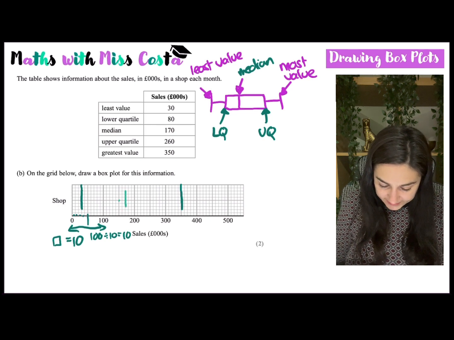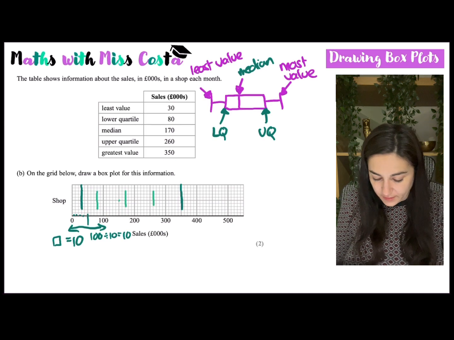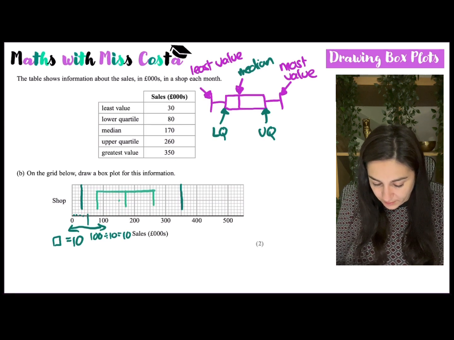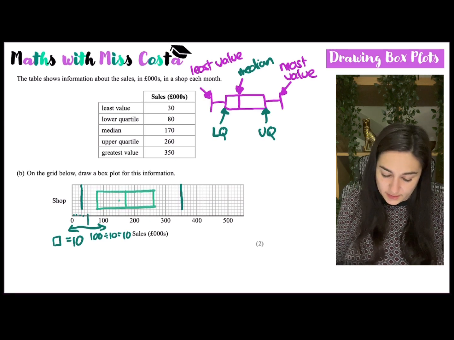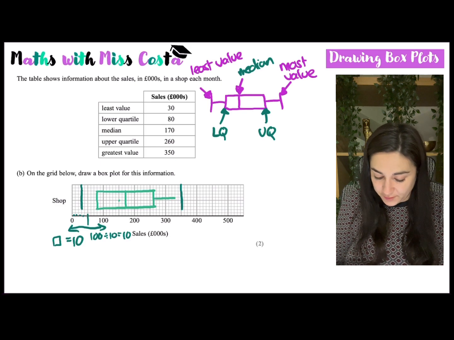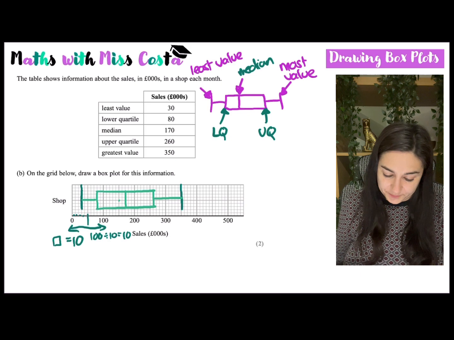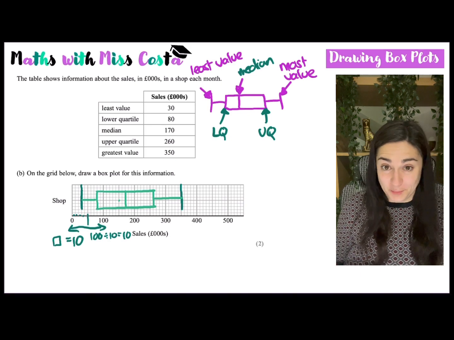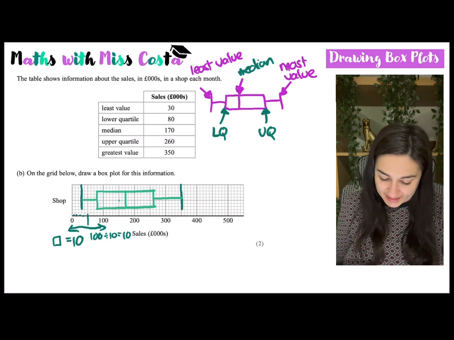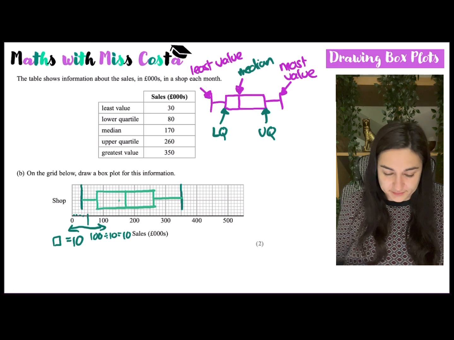The upper quartile is 260, so that'd be here, and the lower quartile is 80, so that would be over here. Now you join together your upper quartile and your lower quartile and median, and that's the middle 50% of your data, and then you join the rest up with a straight line. Okay, obviously you're going to do it with a ruler and much neater, but that's how you do your box plot.